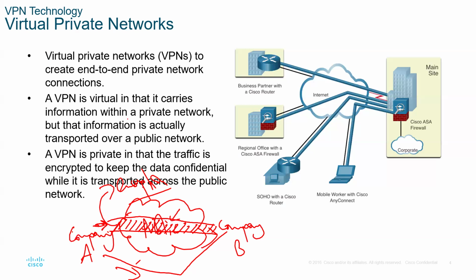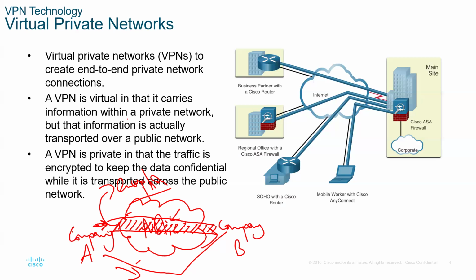We're using the infrastructure, a public network, to ensure connectivity between our networks, in this case company A and B. Then a VPN is private in that the traffic is encrypted to keep the data confidential. Then there's an element of privacy, which is where algorithms, encryption, hashing, authentication, etc. come in.